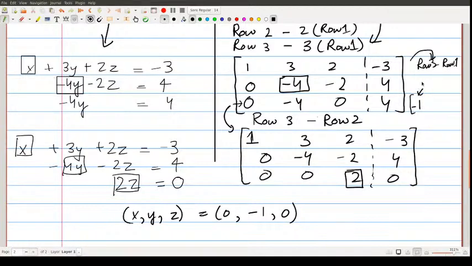So I'm not going to do that once I've chosen a pivot and gotten rid of the variables here. And so everything below this pivot has now become 0. I'm not going to touch this row and add it to any other rows, because that can mess up this 0. Okay, so that's why we stick with the rows that we have.